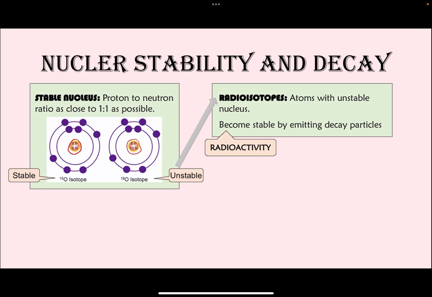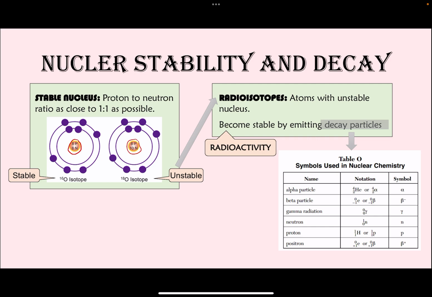Okay, so in terms of decay particles, we are given a set of decay particles in Table O. Please make sure that you familiarize yourselves with all of them. It's only 6 decay particles.